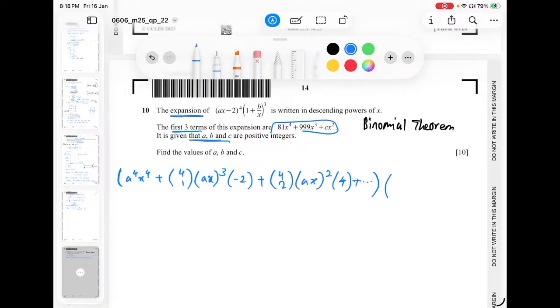And now for the second part, when you expand it, you will get 1 plus 3 choose 1 b over x. So you can just leave the 1 as it is, plus 3 choose 2 (b over x) squared. So now you just need to expand all the terms.